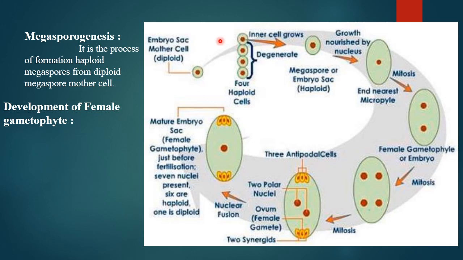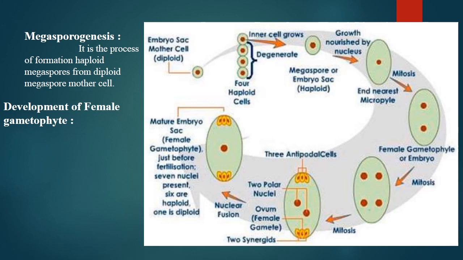Now we will see the development of the female gametophyte. The megaspore mother cell undergoes meiosis to form a linear thread of haploid cells, that is the megaspores. The upper 3 megaspores abort and the lowest one, towards the center of the nucellus, is the first cell of the female gametophyte.